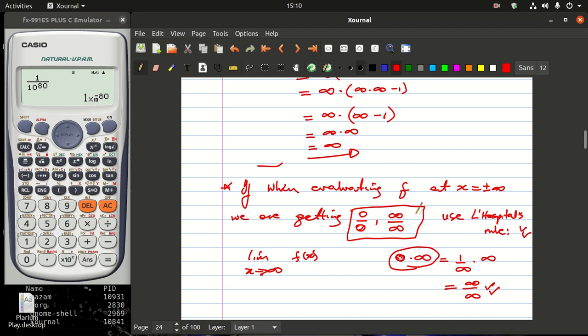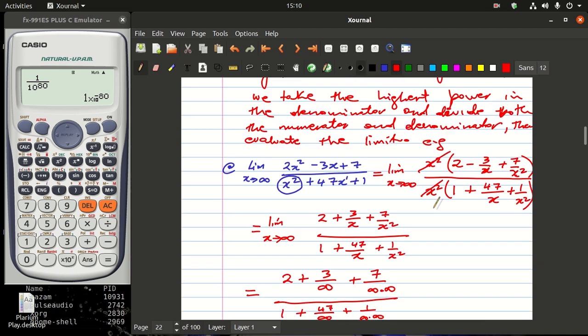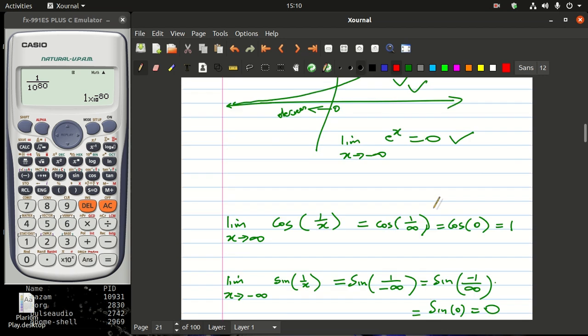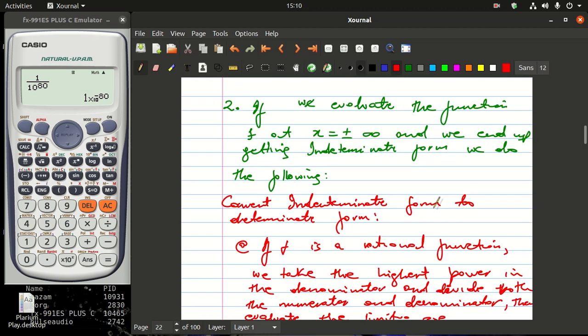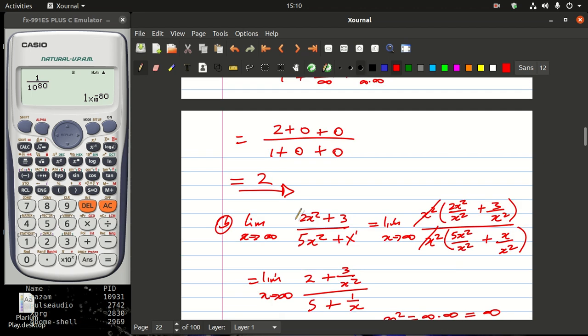So there are 3 methods to do this. The first one: if it's possible for you to plug in, just plug in and see what you're getting. If you are not plugging in, you must be having a rational function. If you're having a rational function, look at the highest power of the denominator, factor it out, and then simplify.